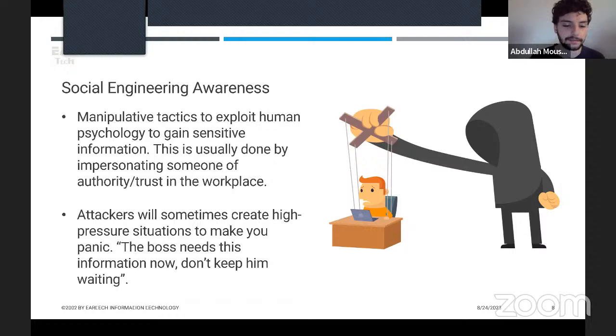The representative was trying to be helpful and gave her all the information she asked for, which is not good. But that's a good example of creating high pressure situations to lower your guard.